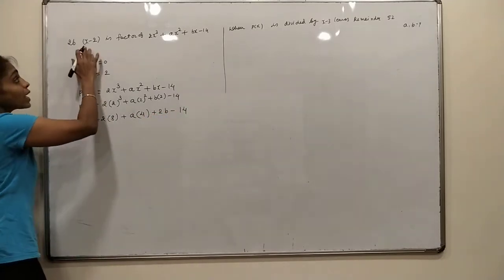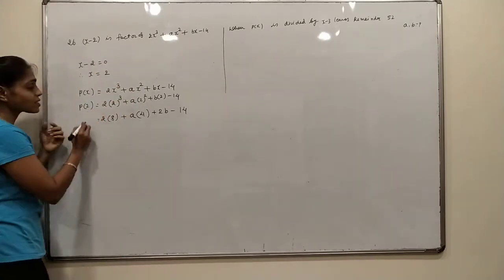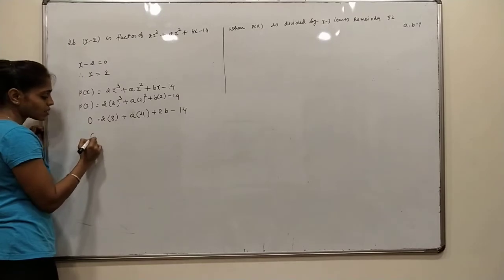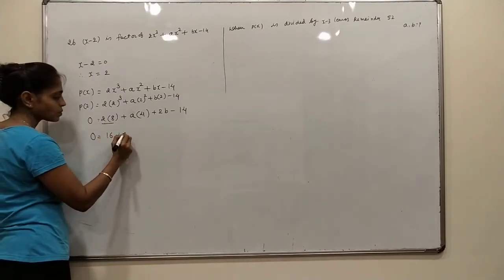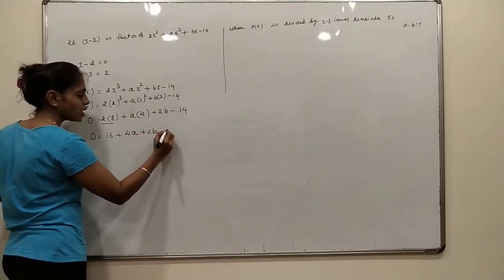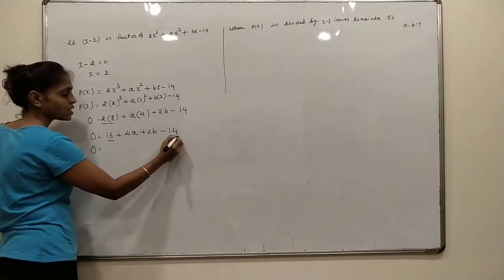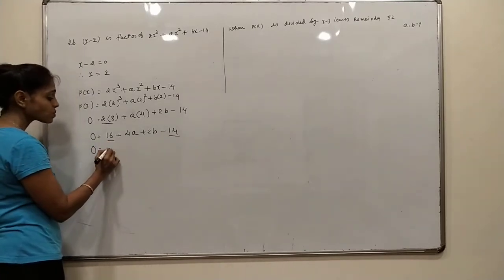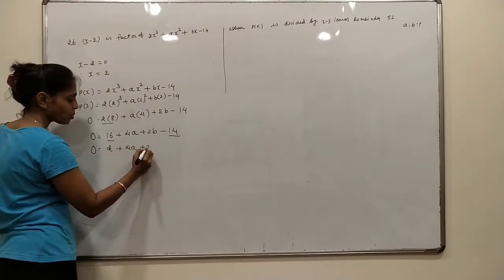But x minus 2 is a factor, so the remainder is 0. 8 2s are 16, 4a, 2b minus 14. 16 minus 14 is 2. 4a plus 2b plus 2.